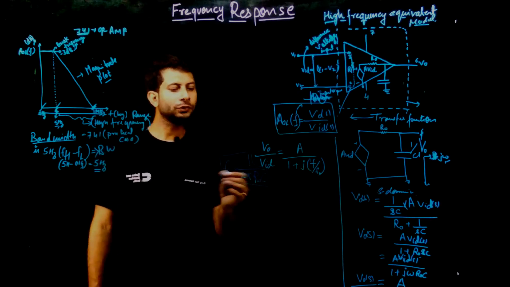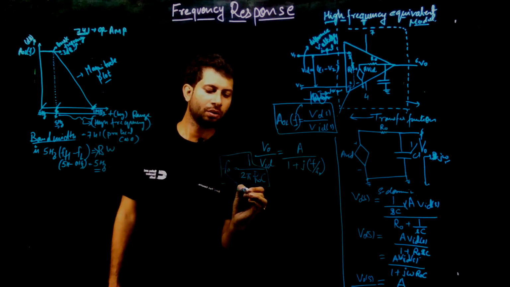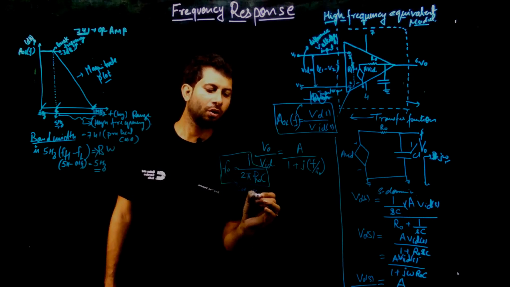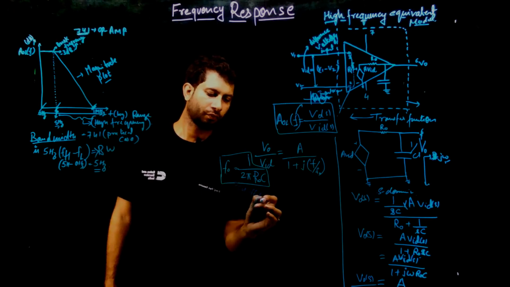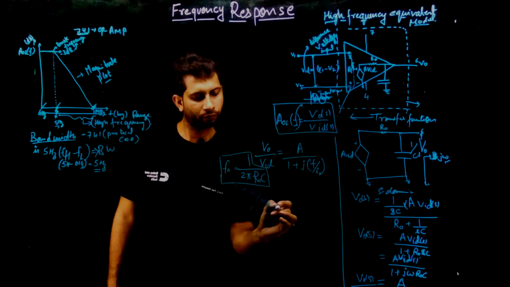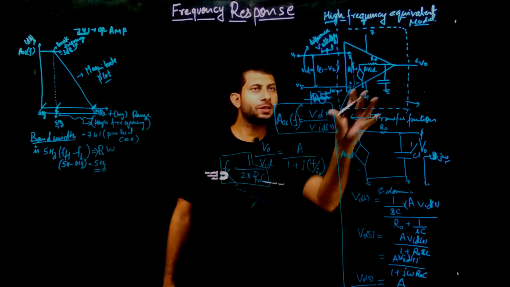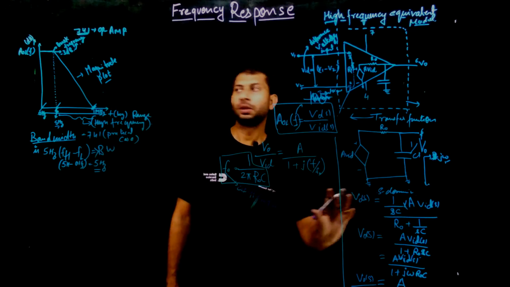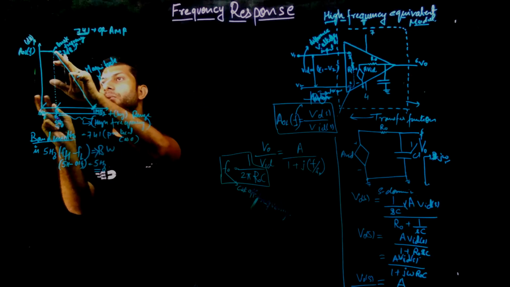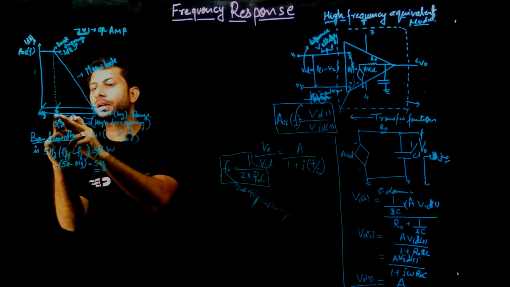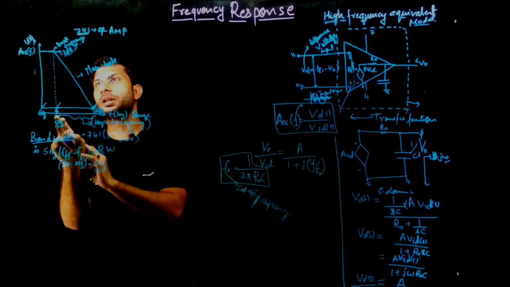Okay, then this F naught is known as the cutoff frequency of this system. That means this system will show you the decay at this point, and this decay is of minus 3 dB.